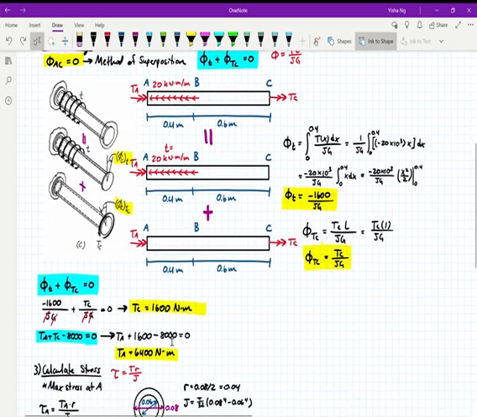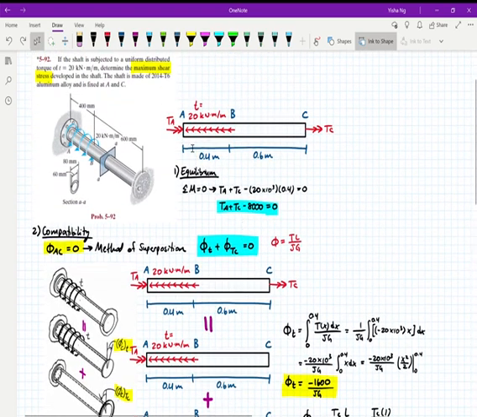TA is 6400 Newton meters and TC is only 1600. And in addition, right here, the shaft is experiencing opposing torques. So you have TA, which is really strong, going to the right, and then I have my distributed load, which is going to the left. And so this point right here, where it's experiencing both of those torques, is going to be the area where they have maximum shear stress.